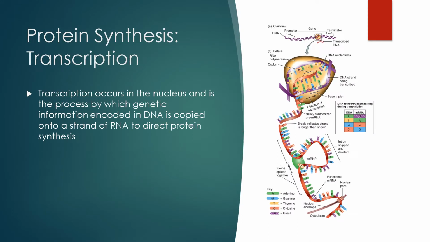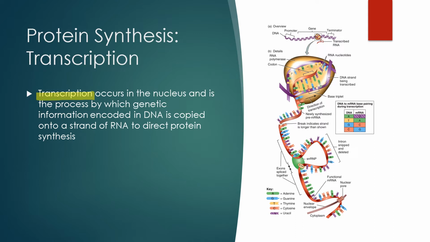So the first step is transcription. This is where DNA is going to be unwound. So we're going to unwind that double helix, and the DNA is going to be copied into a different but more readable form. This form is called mRNA, like I said.